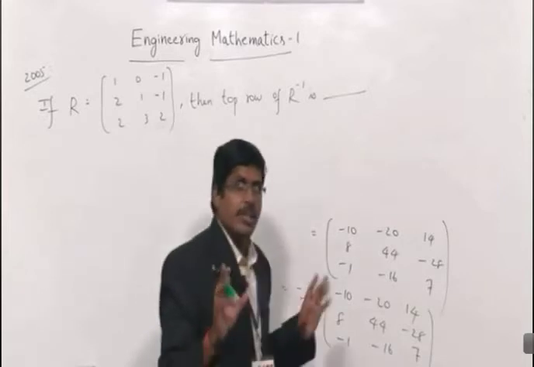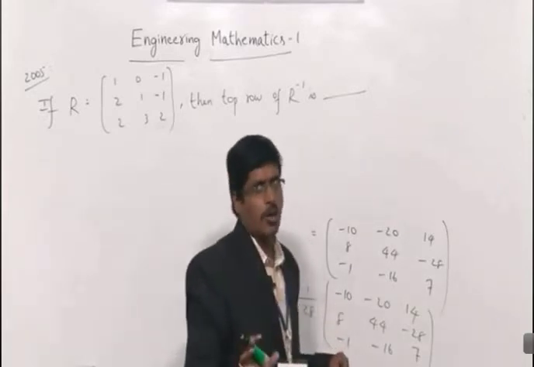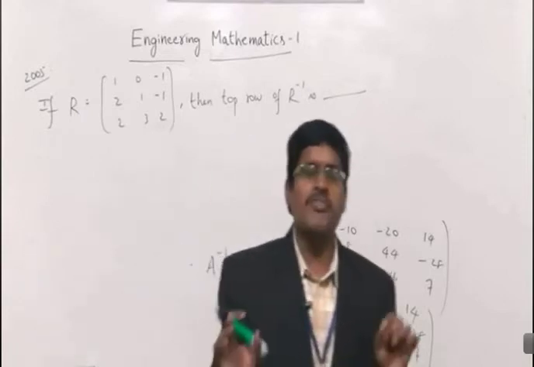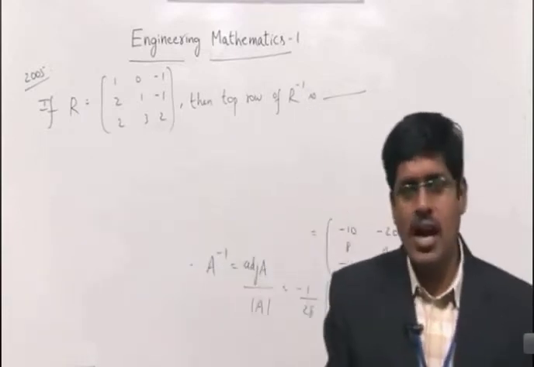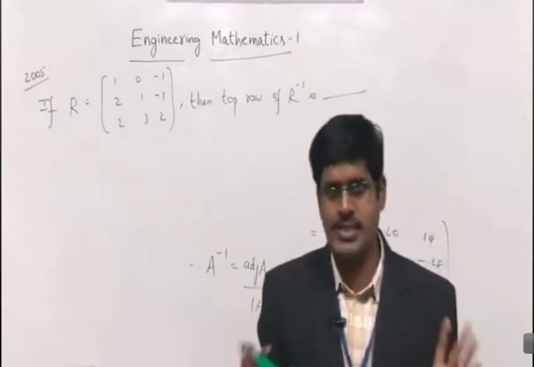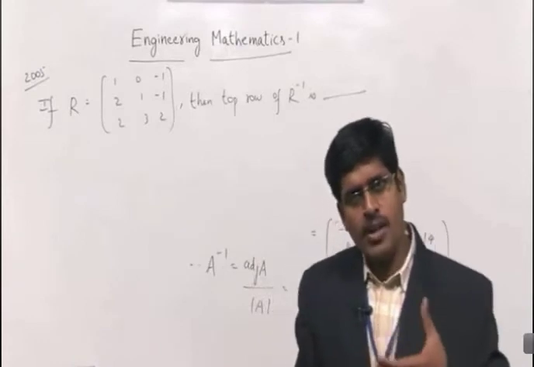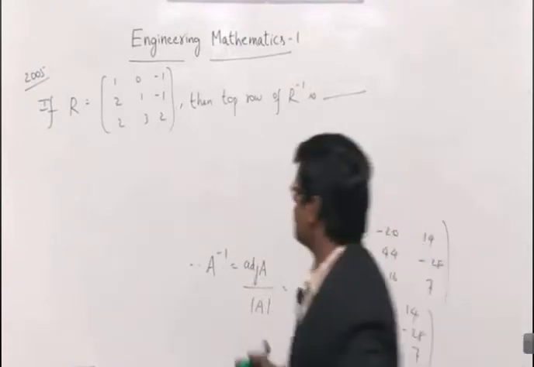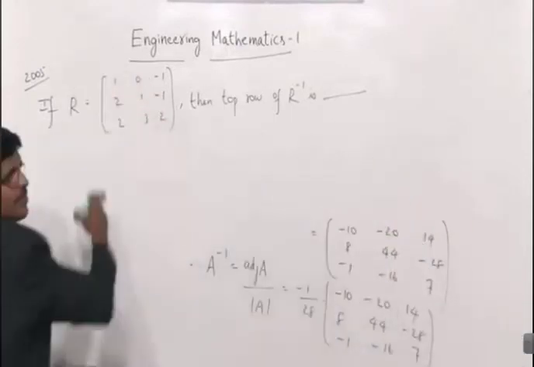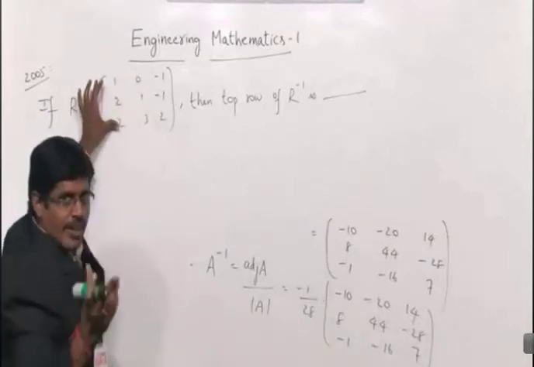Now after finding cofactors in adjoint A, immediately we are transposing. That is, first row becomes first column, second row becomes second column. Top row is nothing but first row of R inverse. So R inverse is obtained by first of all determinant and adjoint A, and then cofactors, all these things. So top row, that means first row of R inverse, is nothing but cofactors of which elements? First column only. These three elements indicate first column.